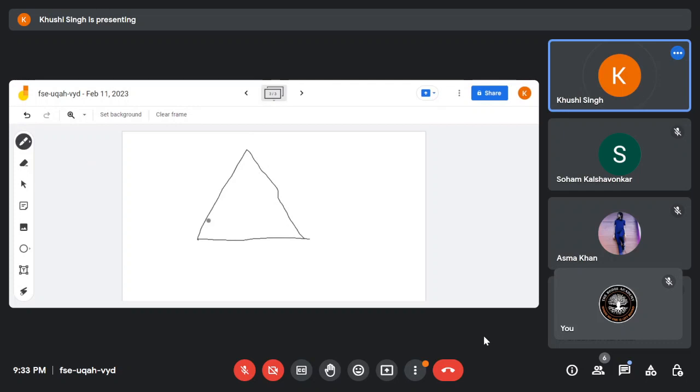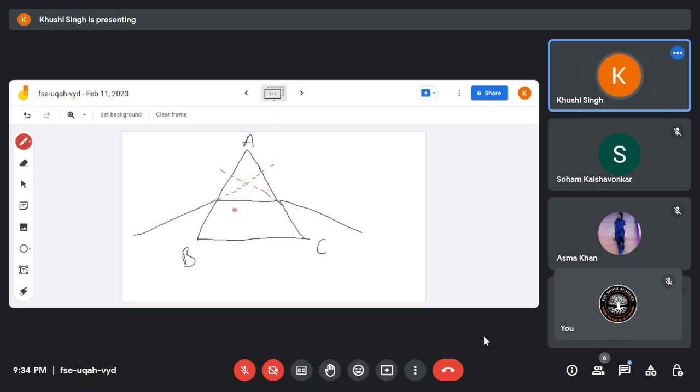This is my base, my A, B, C. So a ray of light will come, it will get parallel and it will come out here. I'll tell you what these angles are called. Now, this is my tracing back, right?